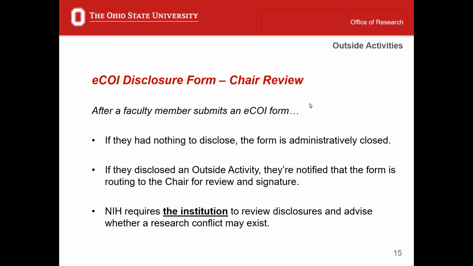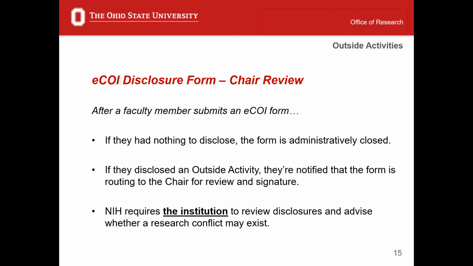All right, so let's say that you've done your ECOI form and you had nothing to disclose. You had no outside activities. You submit, the form is closed, marked as complete, you're done. Of course, if you do enter a consultancy later in the year, you need to go back and update your form. If you did disclose an outside activity, then when you submit the form, you'll get an email saying your disclosure form is going to your chair for the chair's review and signature.